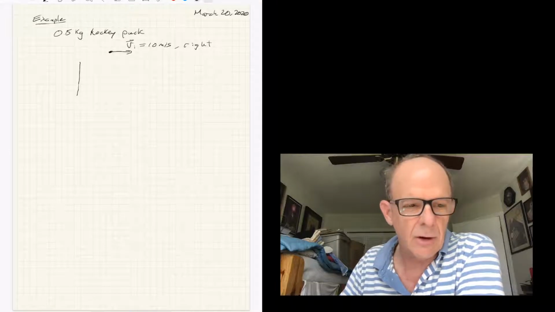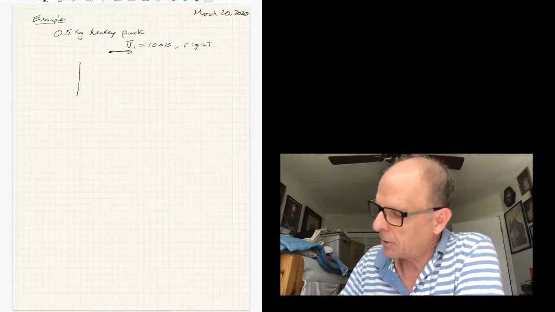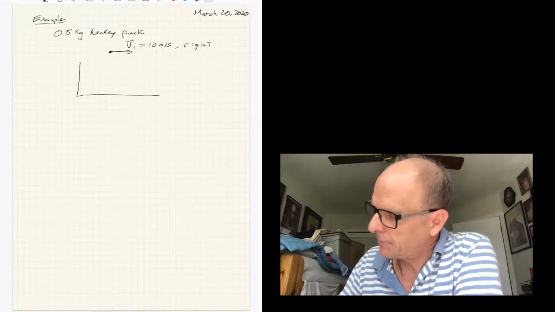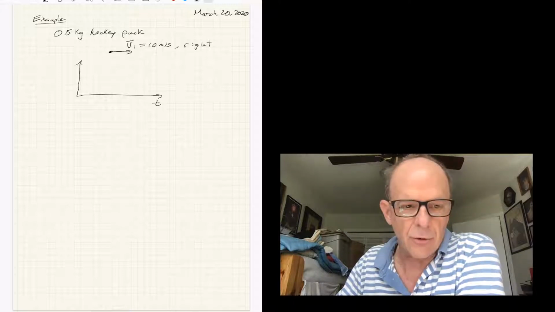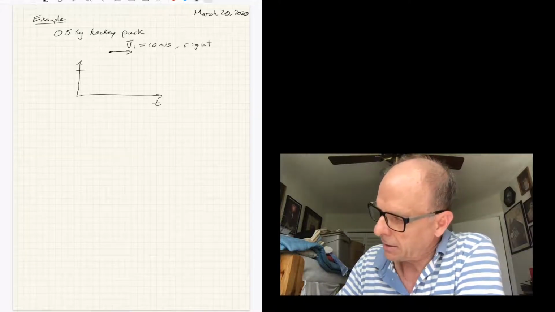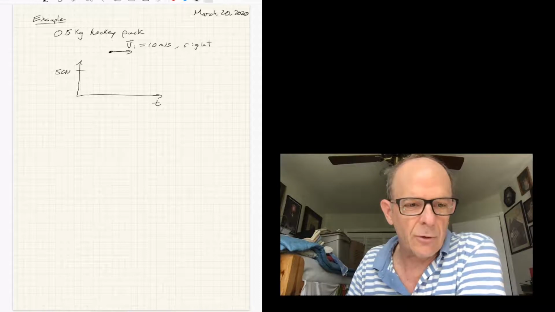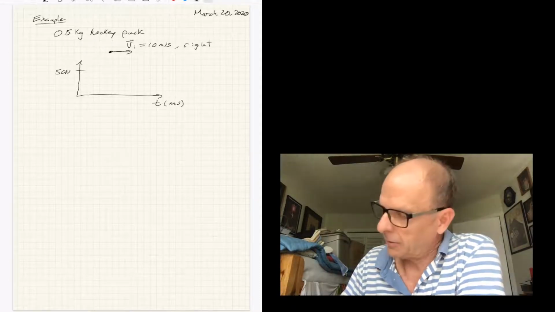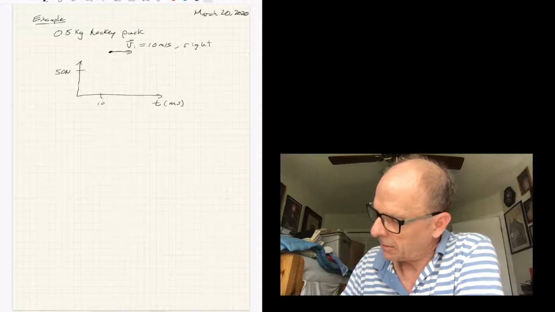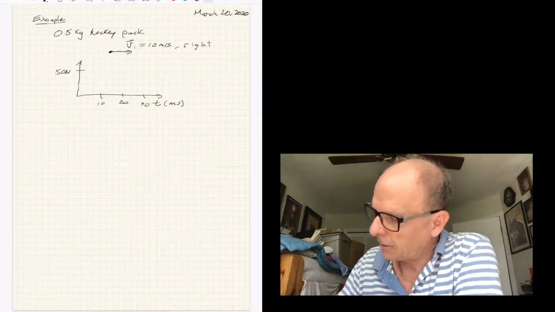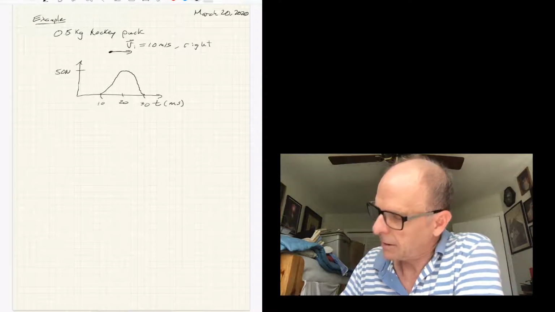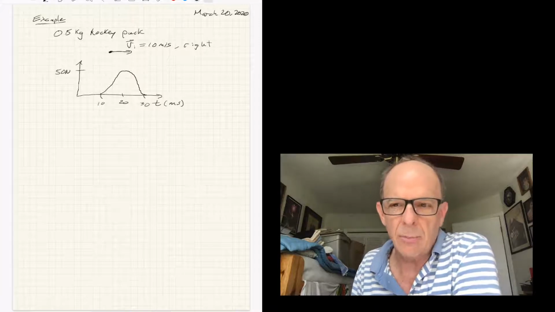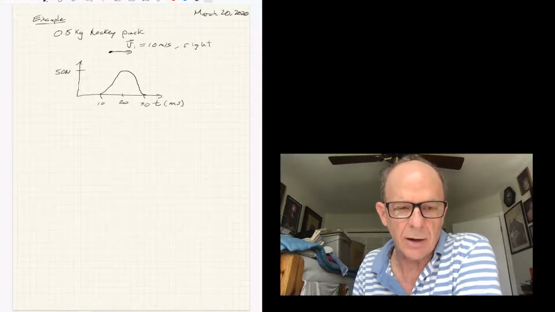And this is slide 37 of the Chapter 9 online notes, if you want to see a better drawing of the force as a function of time in milliseconds. And it looks like this. It sort of starts at 10, goes up to about 50 newtons, goes back down to 0 by 30 milliseconds.